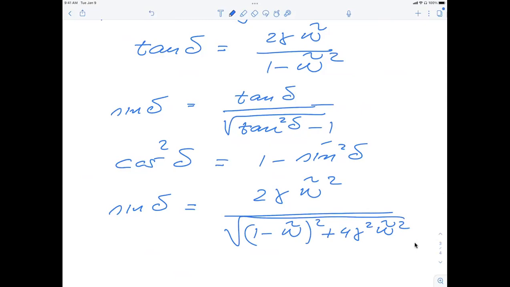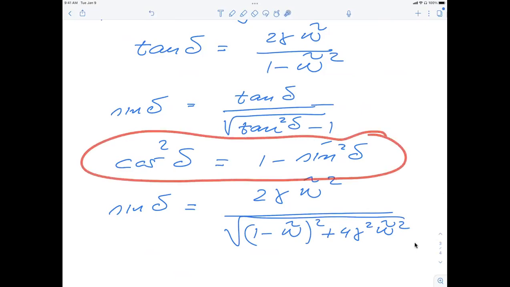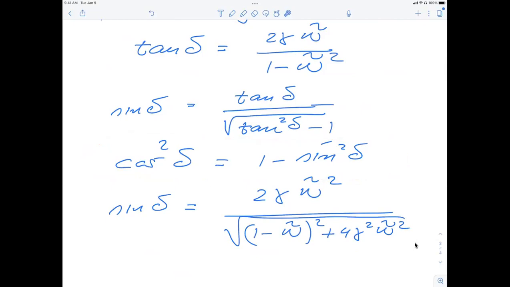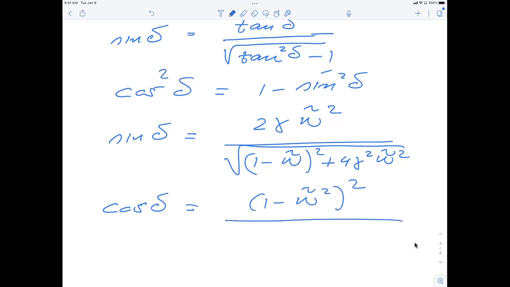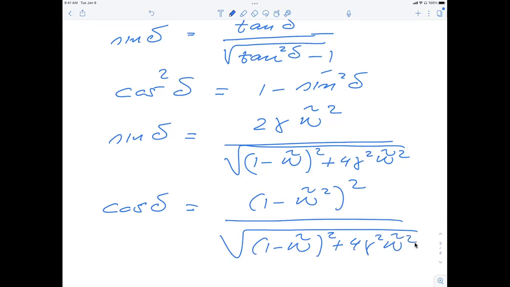If I use the relation which we have here, I just square that one, take 1 minus the squared equation here, then I can find cosine delta, which is going to be equal to 1 minus omega tilde squared, and then squared here, and it has the same denominator, 1 minus omega tilde squared, squared, plus 4 gamma squared, like that.